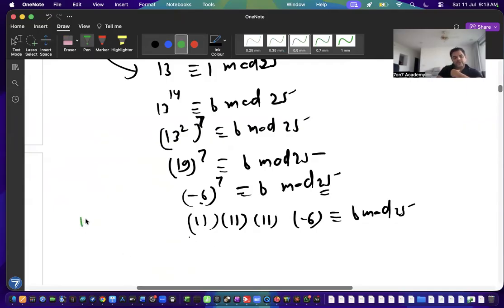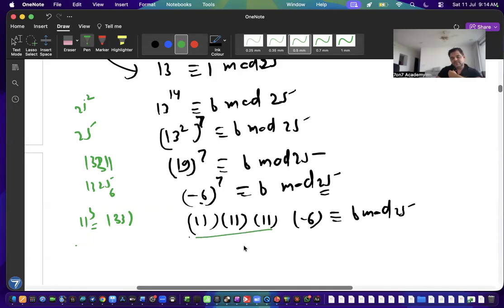Now, 11 raised to 3 is what? 1331. Agree? If you divide 1331 by 25, what will it give you? The nearest multiple of 25 is 1325, and this is 6 away.